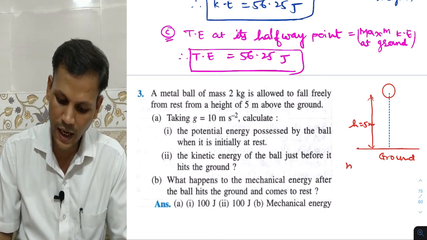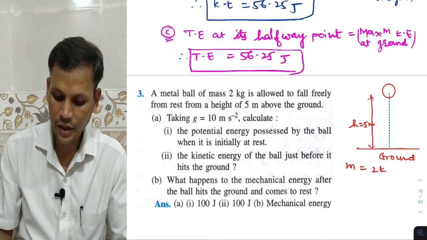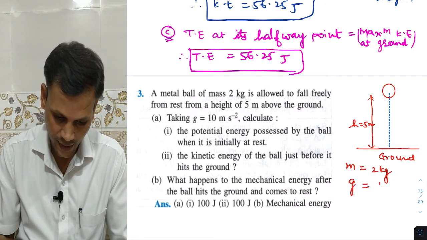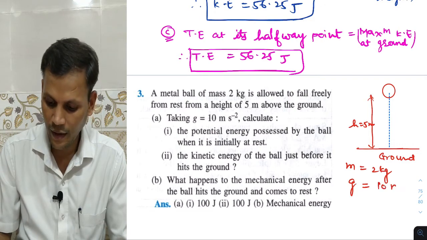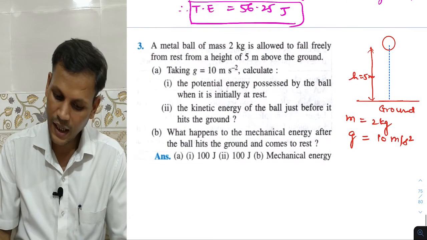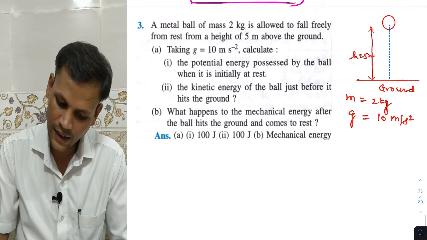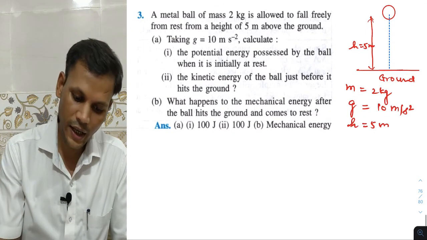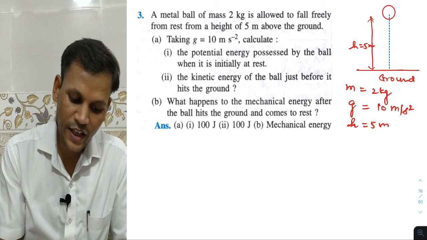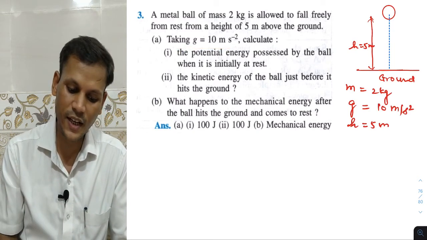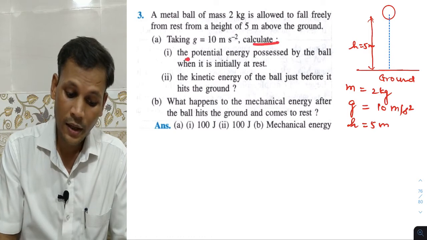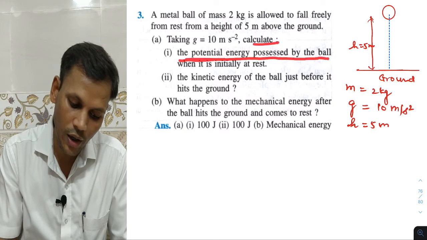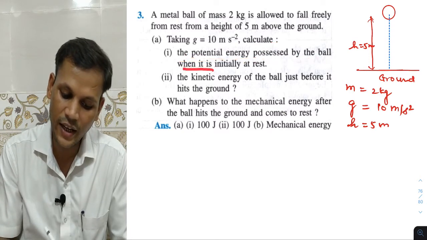Mass m is given 2 kg, g is given as 10 meter per second square, and height is given as 5 meter. Now what we have to calculate? A part, taking g equals 10 meter per second square: the potential energy possessed by the ball when it is initially at rest.